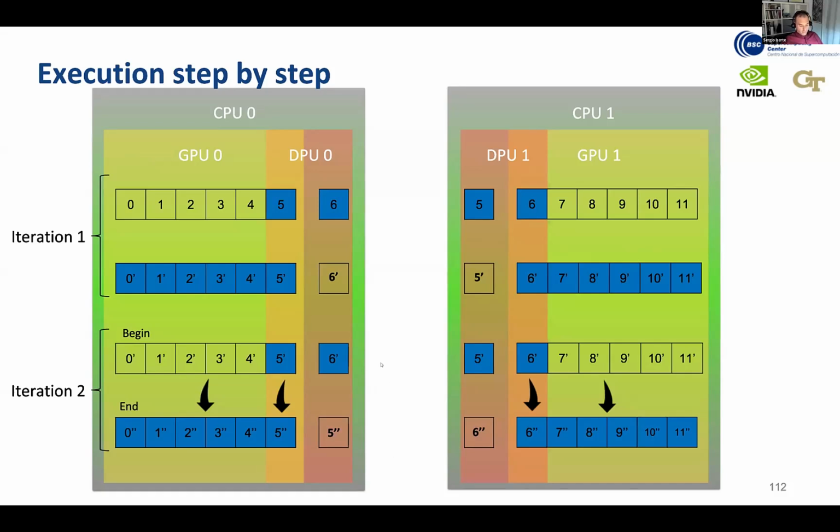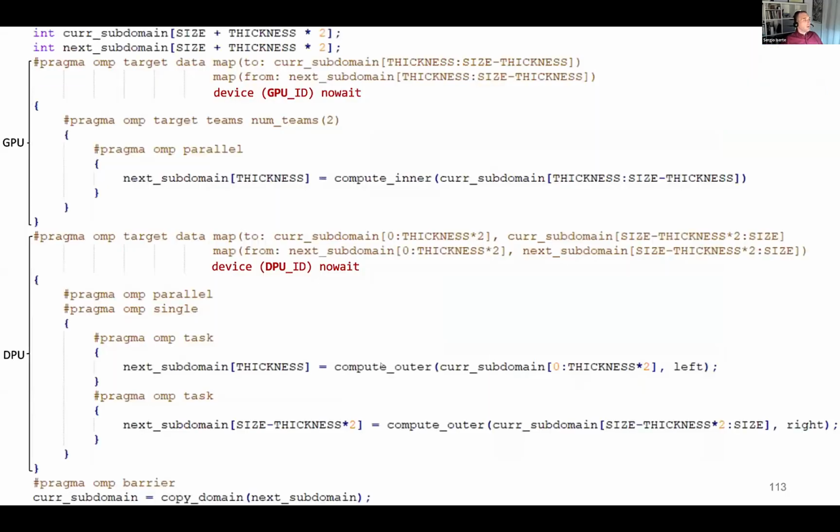So this example could be coded like this. What we have here are two pragma omp target directives, and those run concurrently. We see that we use the nowait clause. In the GPU, we are offloading the inner subdomain.